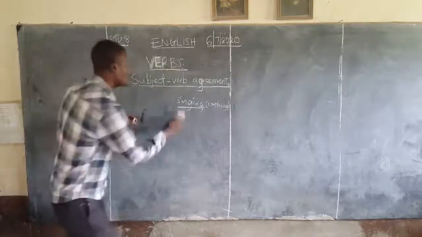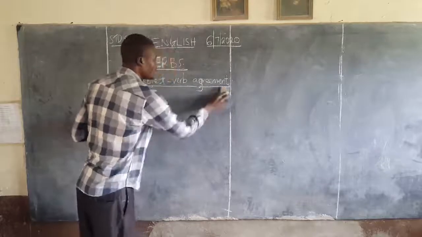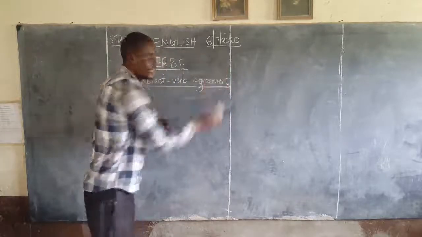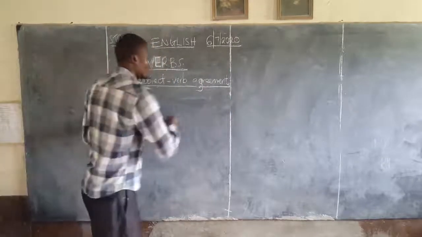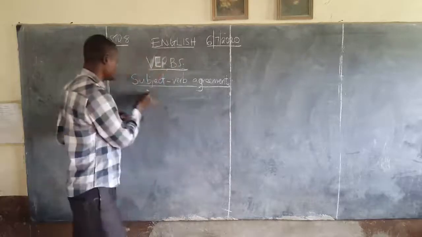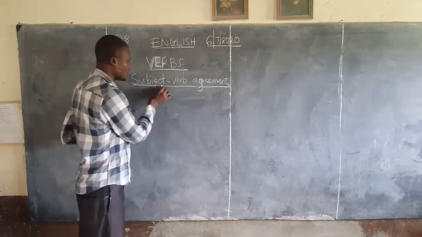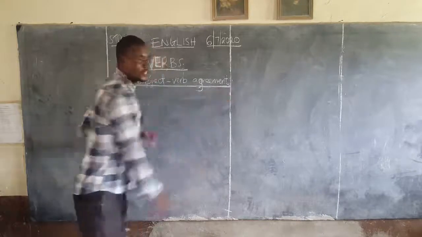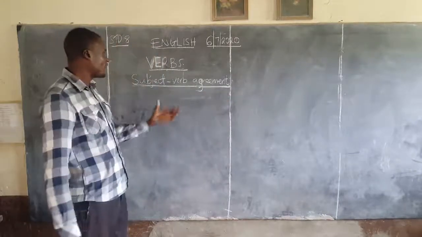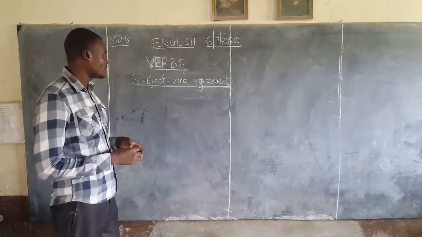In today's lesson, we're not going to define nor go into details about nouns, but we are going to be on subject-verb agreement. So learners, how do the verbs agree with their subjects?